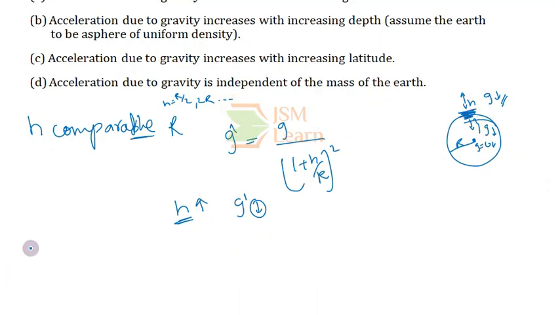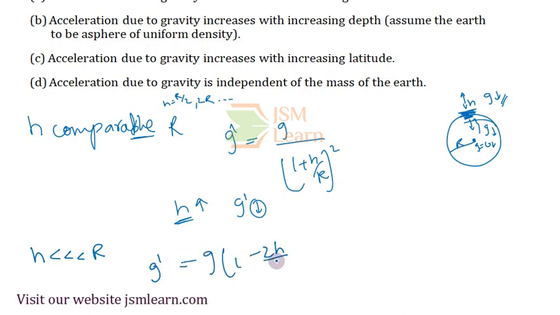That was the case when the height was comparable to the radius. If the height from the surface of the earth is very much less than R, then we have the formula g dash equals g of (1 minus 2h by R). Here also, when the height value increases, the whole value decreases, so g dash is also decreasing.